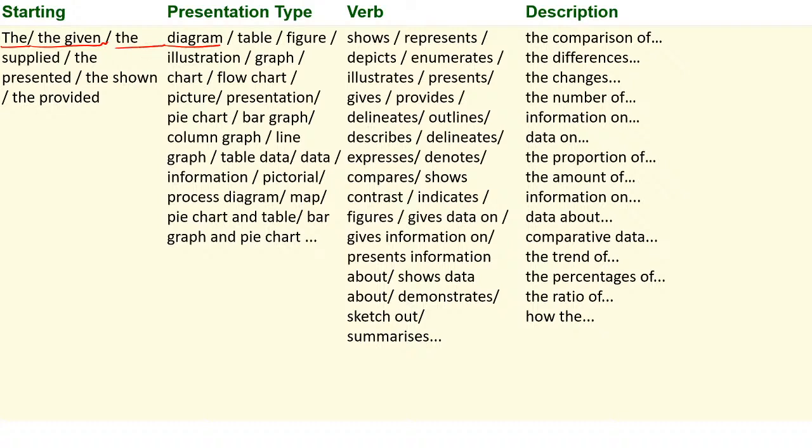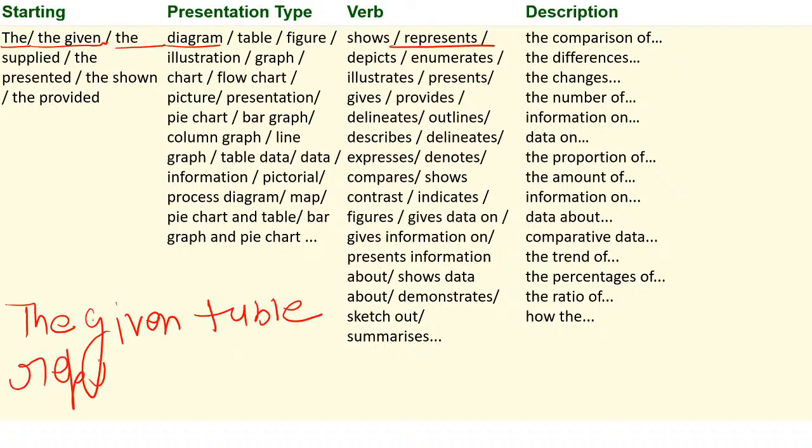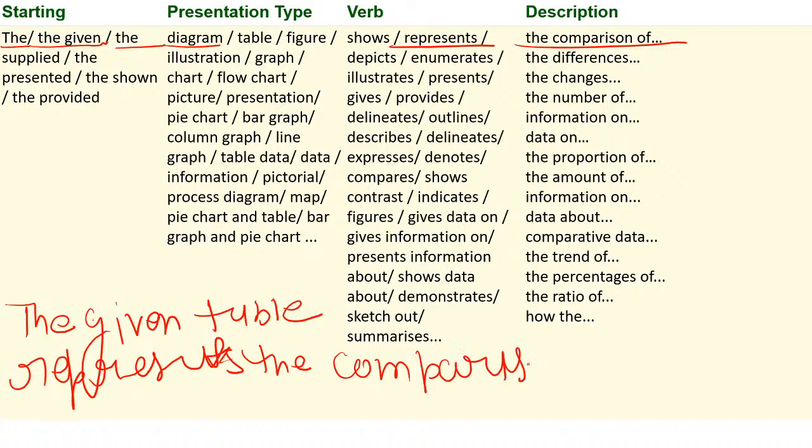If you are writing about a table, you will write the given table, then the word represents, then you can talk about the comparison, the proportion, the information, changes, differences, whatever.